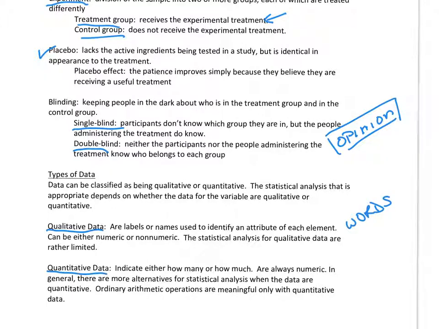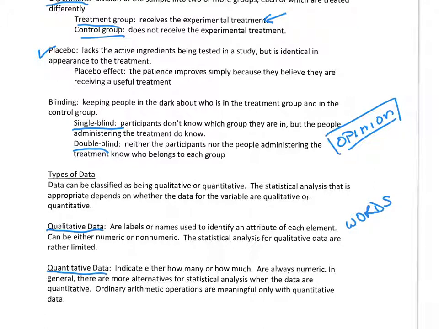Are you married? Yes or no? What's your favorite animal? What color are your eyes? What county do you live in? Any of these that have a word answer is automatically qualitative data. The only kind of answer to a question I have to concern myself with is the numbers.